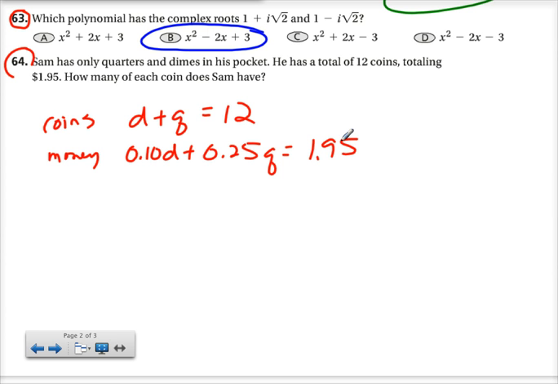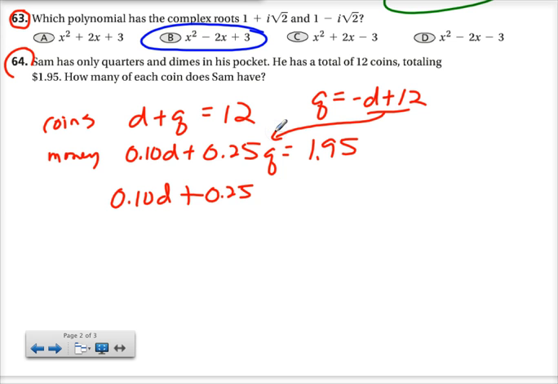So then the next thing I do is I just decide how am I going to solve this one, substitution or elimination. And I like substitution, so I'm going to go ahead and up here at my top, I'm going to subtract d from both sides. So this will be 0.10d plus 0.25, and now I'm going to substitute negative d plus 12 for q, and do the math.